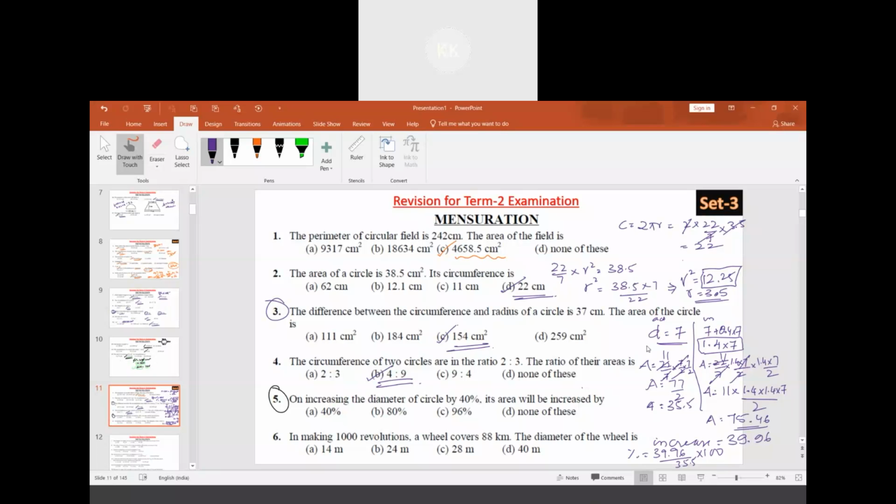So new radius will be 9.8 cm. When we find out areas, 1.4 into 7 is correct, no? Diameter. Yes, sir. Radius will be half of that. So this is radius square. We can follow that method also.